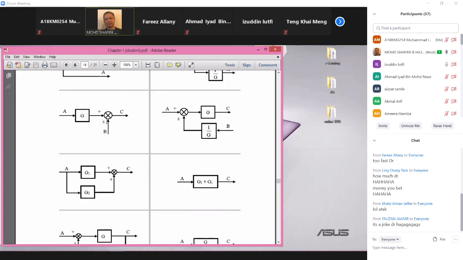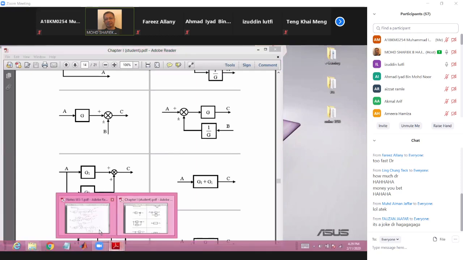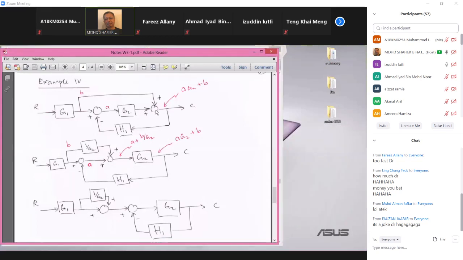You can move this summing junction from in front of the block to behind of the block, so we are going to use that. Now you see here these are two summing junctions. You can interchange two summing junctions.